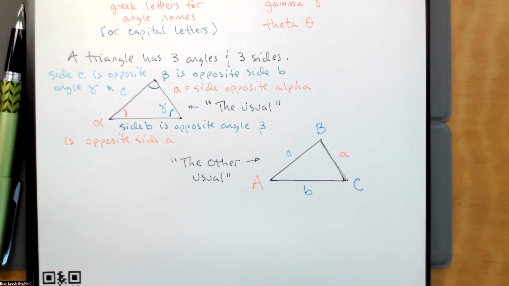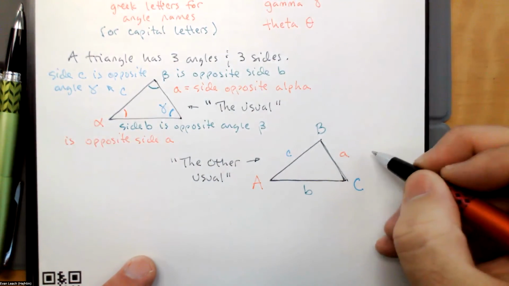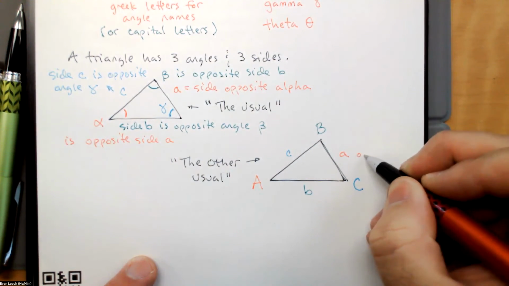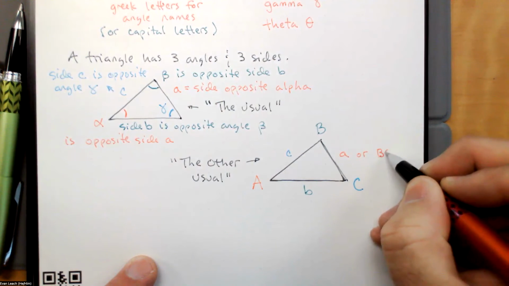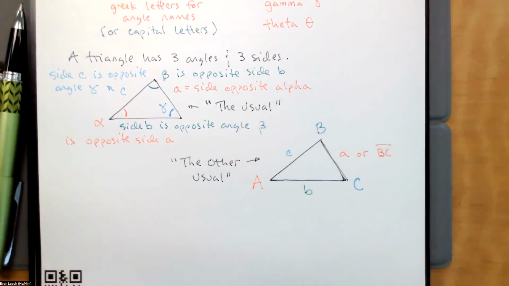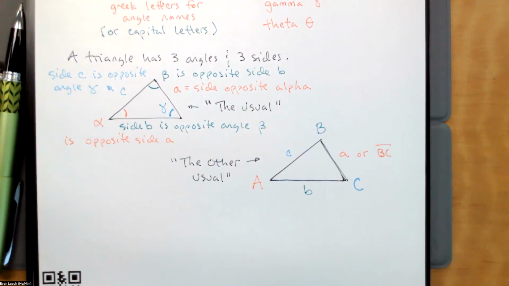When we're using capital letters, instead of naming the side A, we might name the sides using the angle names, as we're referring to the angles as vertices. So we might say side A or side BC, in which case we have to put a little line over it. Us mathematicians on our notation, am I right? So side B can also be side AC.